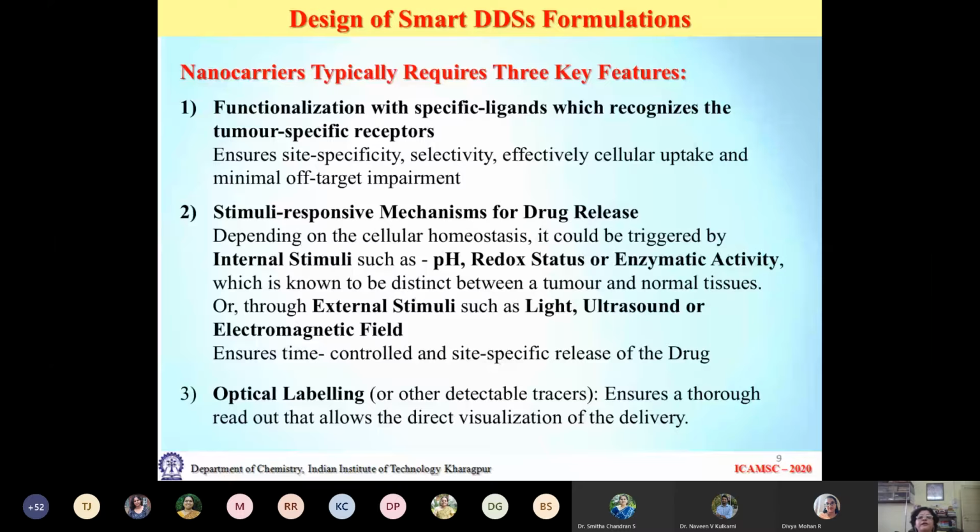So this ensures site specificity, selectivity, effective cellular uptake, and minimal off-target impairment, if you do not want the other healthy cells to be damaged.